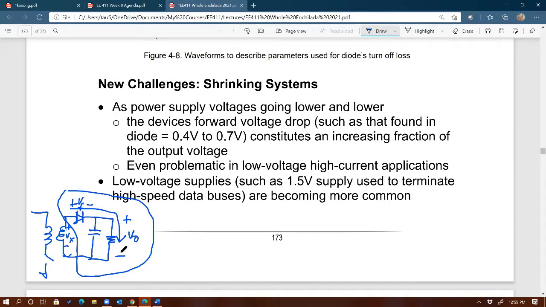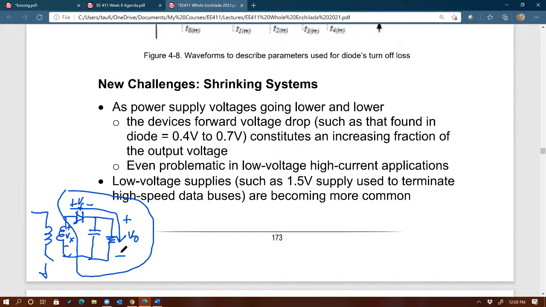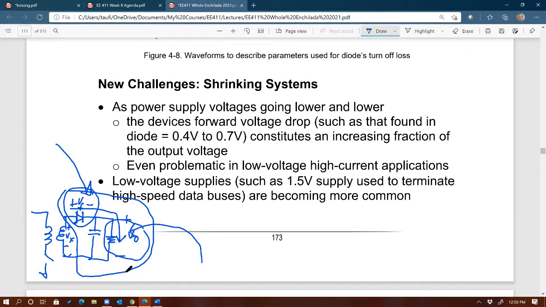If the forward drop across the diode is comparable to the output voltage, then we have a problem in terms of efficiency. Imagine the loss is going to be big, almost as big as the output wattage. Go ahead and do V times I. If the two are comparable, then V times I here, which is what we want, is going to be almost the same as V times I across the diode. That's not good. That's an efficiency hit right there, big time.